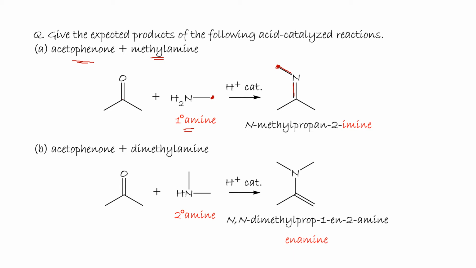On the other hand, acetophenone with dimethylamine, that's a secondary amine, you get a single bond in here, and the double bond will be with the alpha carbon. So here you get enamine, and when you react it with primary amine, you get imine. That will be N,N-dimethyl prop-1-ene-2-amine.